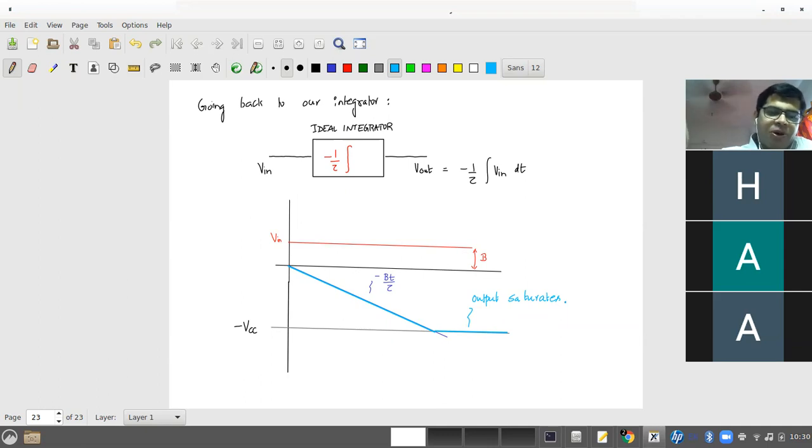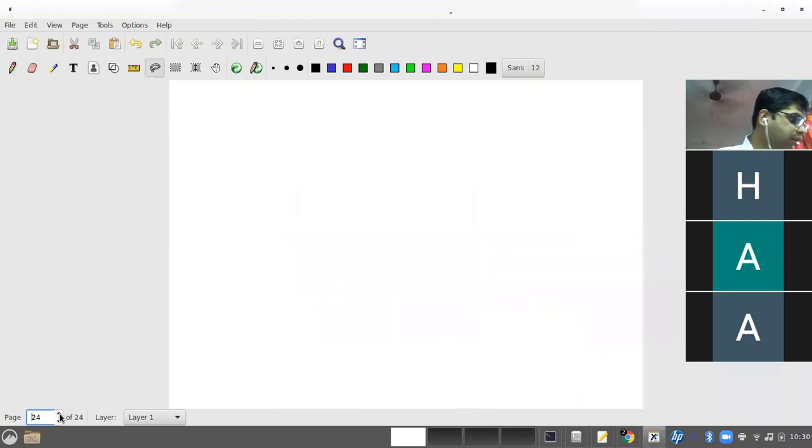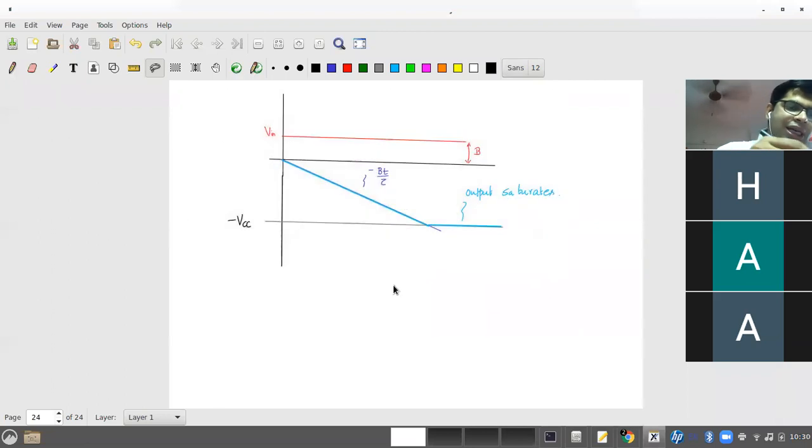All right. Now suppose instead of having this as my input, let me say I have a slightly different input. Same thing, but what I'll do is I will break this up. I'll not give a constant DC. I'm going to have something like this. Something like that.